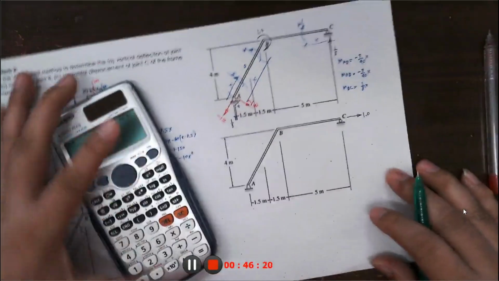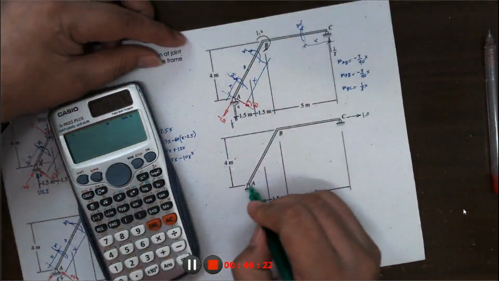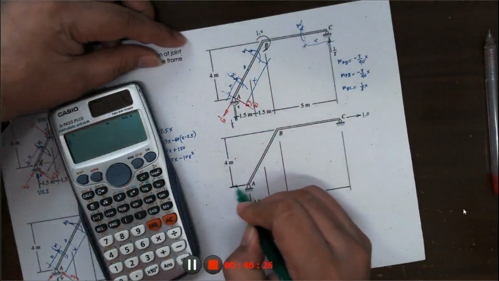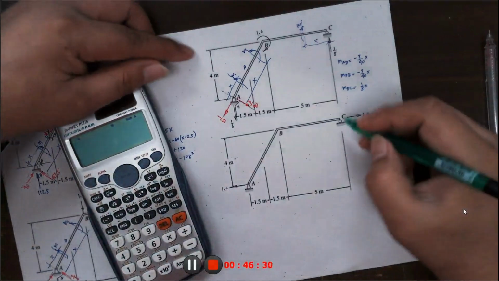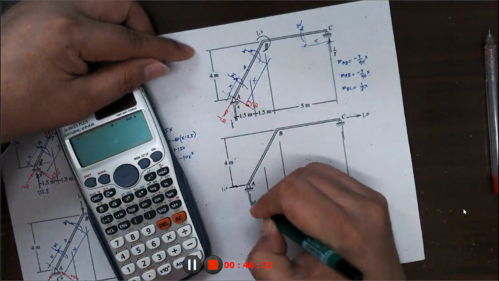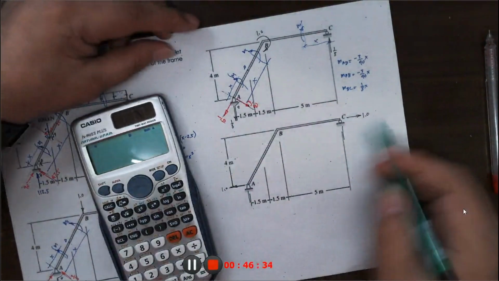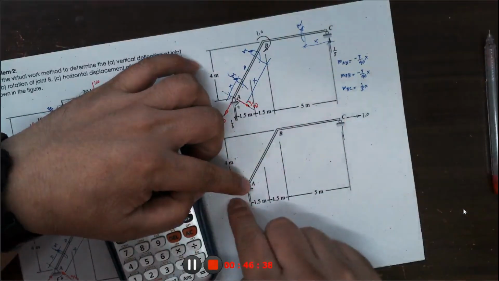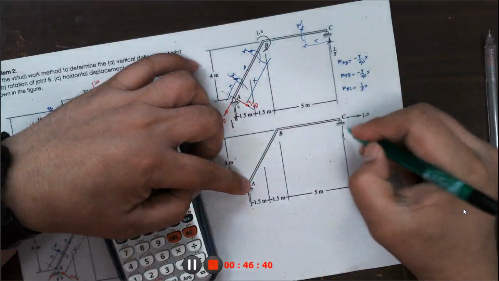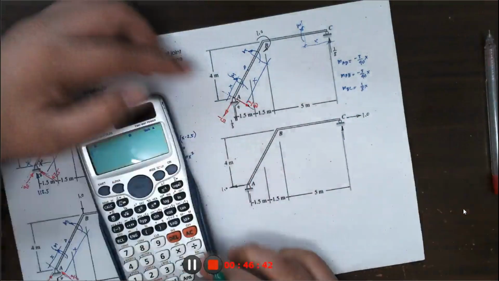So naana ni horizontal component ni 1, diba? Sige. Or vertical. So after moment sa A, this is clockwise, diba? So counter na upward.